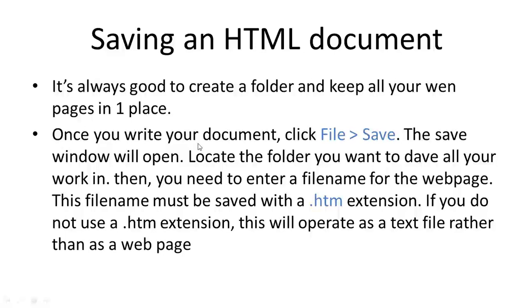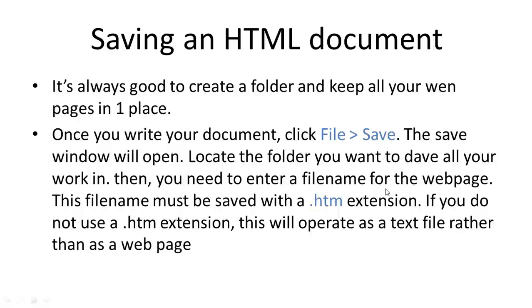Once you write your document, click File, Save. Some people click File, Save As. But the first time you want to save a document, you press Save, right? The Save window will open. Locate the folder first. Open the folder that you have created, whether it was on the desktop or on the Drive D. And then you need to enter the file name for the web page.